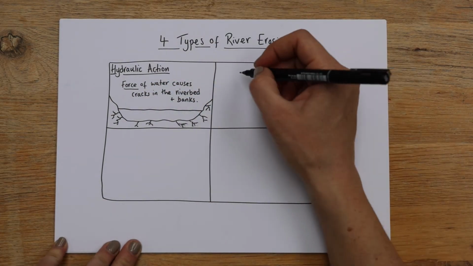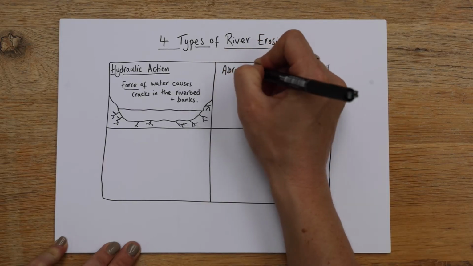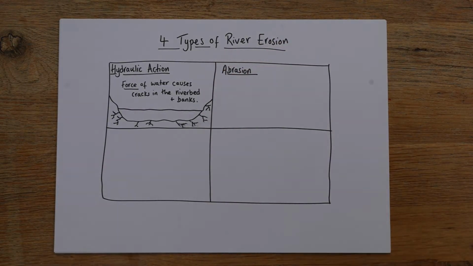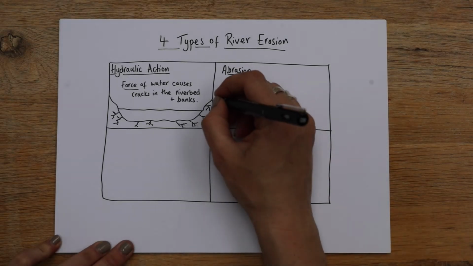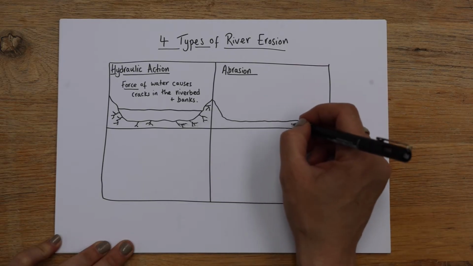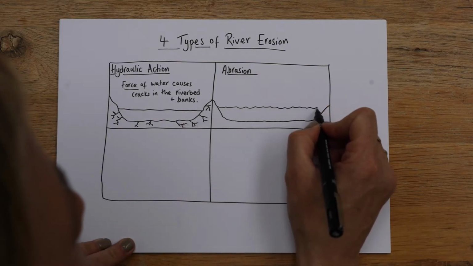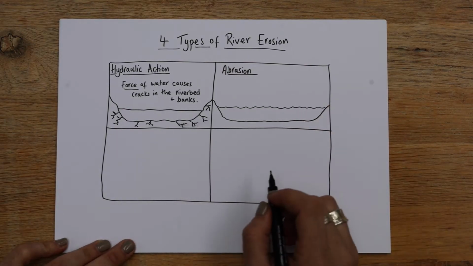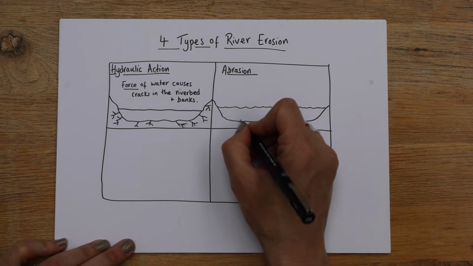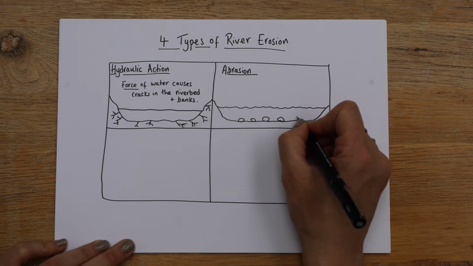Okay, right, moving over here. The next one is a really, really important one, arguably as important, if not more important, than hydraulic action. Again, we draw our riverbank and riverbed, and let's put a slightly more active river water in there. On the riverbed, you've got large boulders, particularly in the upper course.